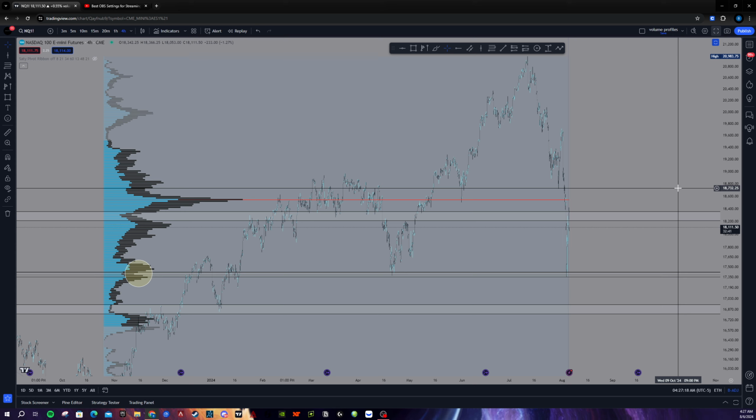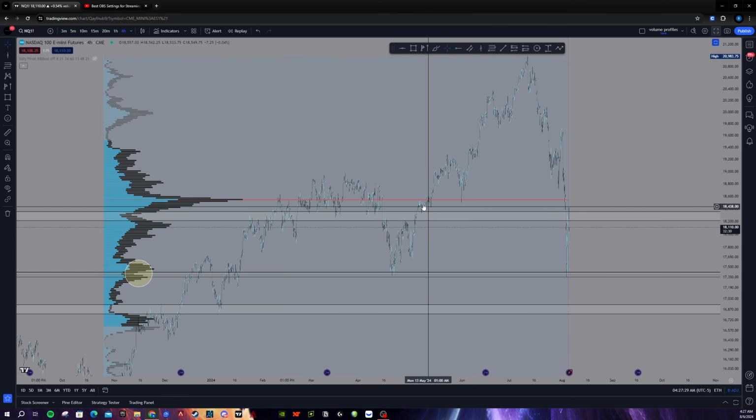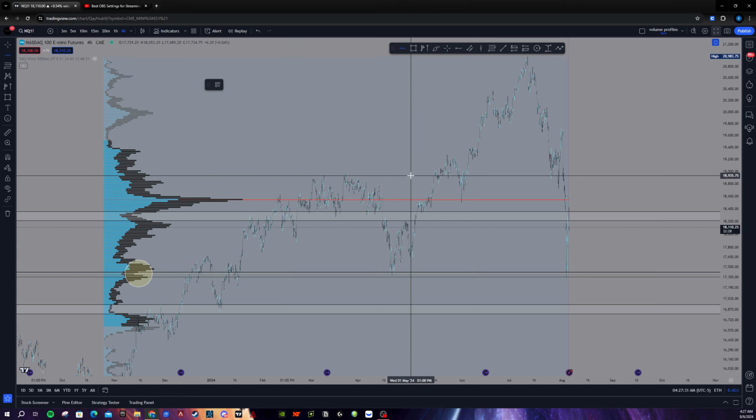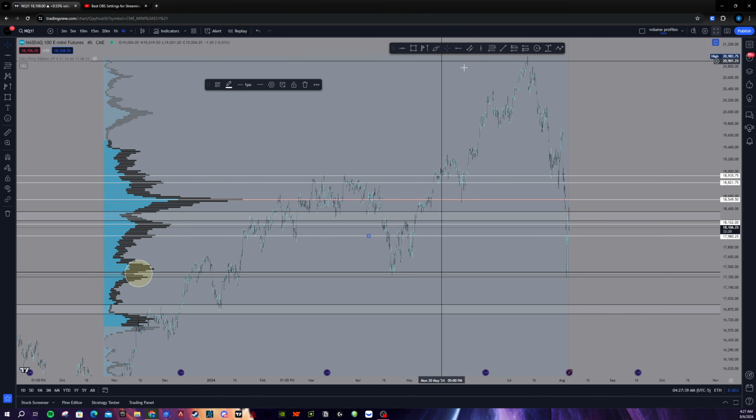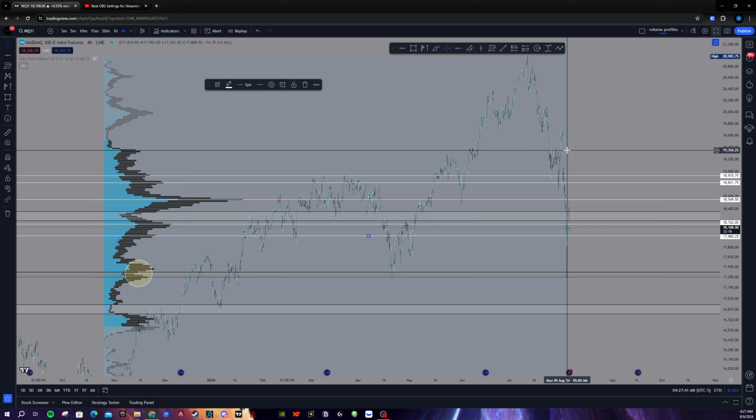Oh, here we go. Okay, let's talk about high volume nodes, or volume profiles. Your high volume nodes are going to be boom, boom, boom, I could keep going all day.